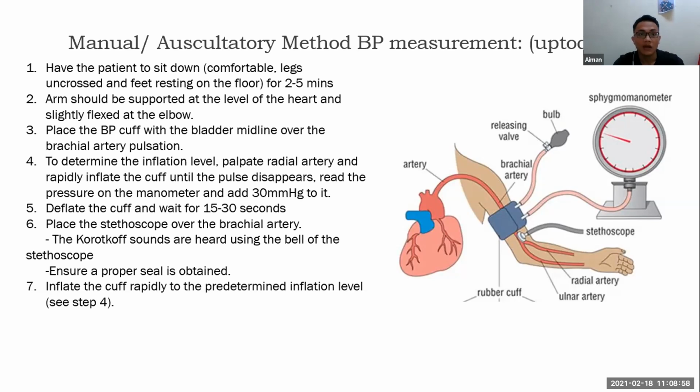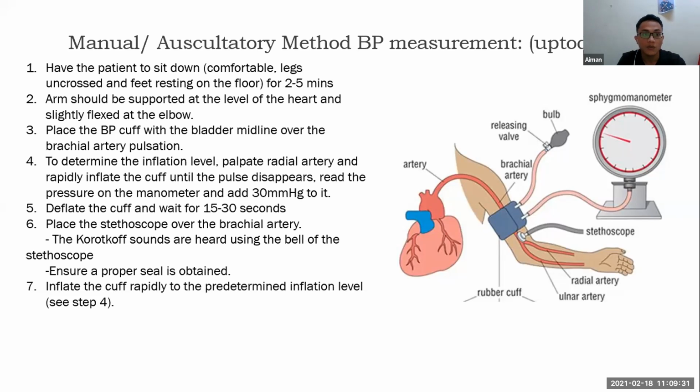So after we get the inflation level, read the pressure on the manometer, and then add 30 millimeters of mercury to it. So for example, we palpate the radial artery, and then we rapidly inflate the cuff until 160, and then we don't hear any pulse. And then after that, we add 30 millimeters of mercury to it. So it will be 190.